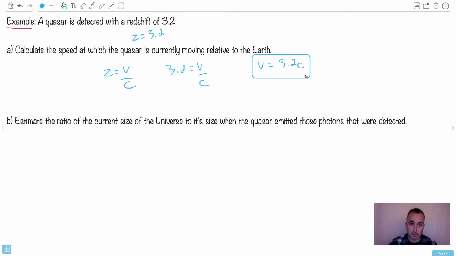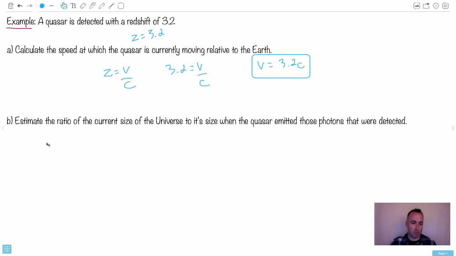That is true. That hasn't been broken. But there's nothing that says the universe itself can't expand faster than the speed of light. In fact, that's what's happening. So the universe itself is expanding faster than the speed of light, which means we have this area where we'll never be able to see information. We're never going to get new light from there. It can never reach us, which is a little bit crazy.